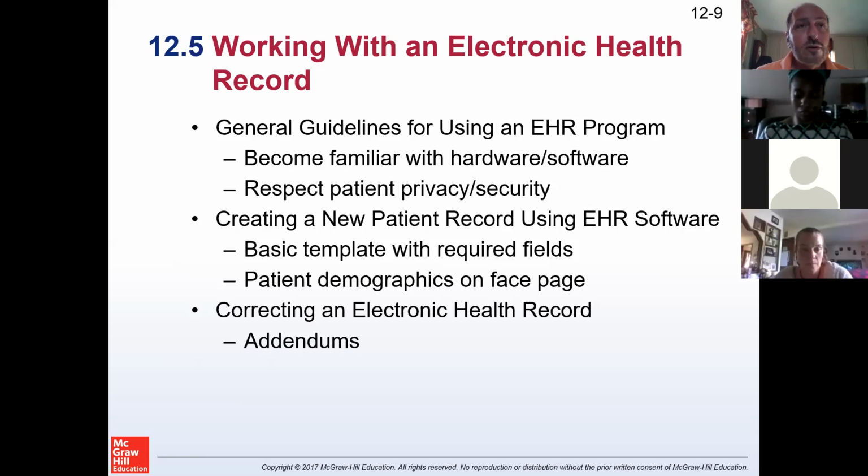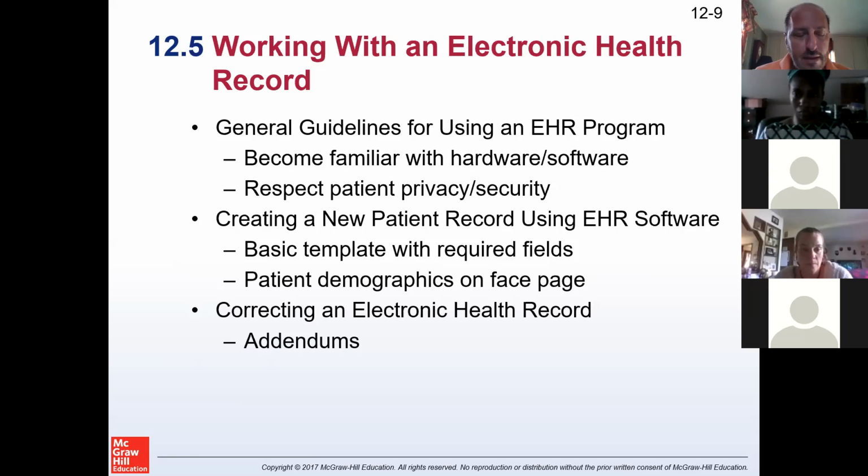So the only way you can correct information around a result or anything in an electronic health record is with an addendum. And addendums, by choice of the institution, can occur at the end or at the beginning of the documentation. That's dependent on the institution you work for.